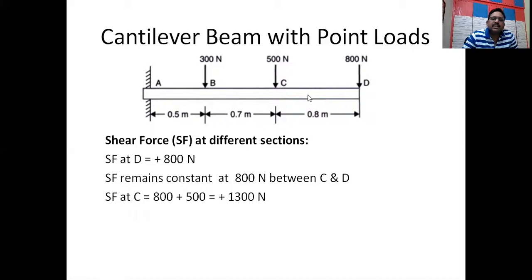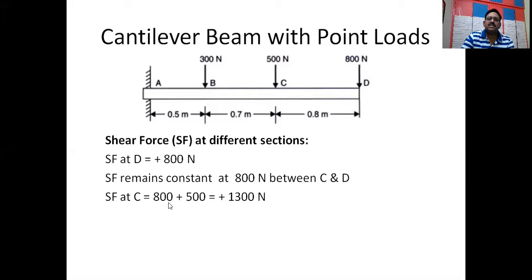Now, what happens at C? Exactly at point C, we will calculate the shear force. How many forces are there on the right hand side of C? There are two forces. One is 800 newtons at D, and at C we have 500 newtons. Both forces are acting downwards. So what will be the net resultant force on the right side of point C?